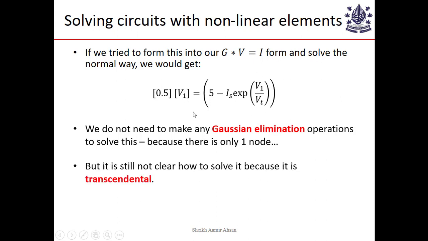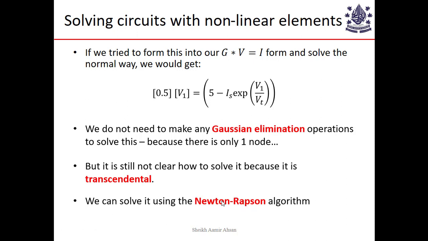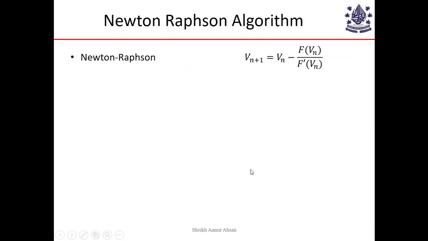In order to solve this, there is a very well-known algorithm called the Newton-Raphson algorithm. I'm sure you must have come across it in a mathematics course on numerical methods. Newton-Raphson uses a very simple approach where the value at iteration n plus 1 can be found using the value known at iteration n and the function evaluated at the value at iteration n.